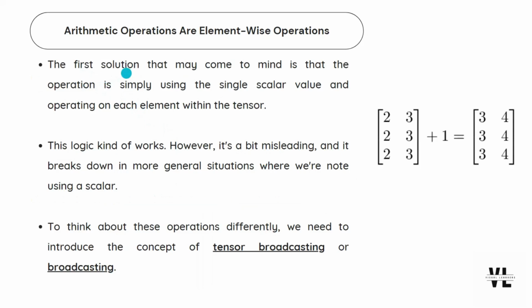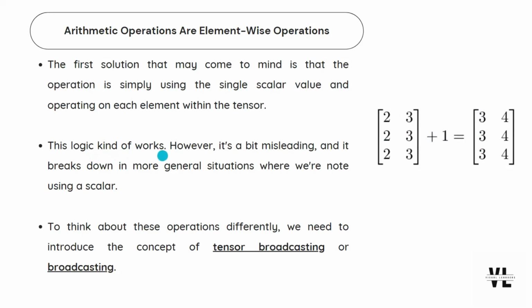The first solution that may come to mind is that the operation is simply using the single scalar value and operating on each element within the tensor. We might assume that it's just carrying the scalar and adding it to each element in order to get the output.